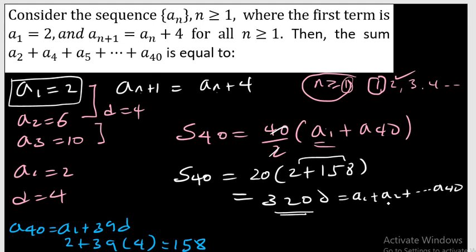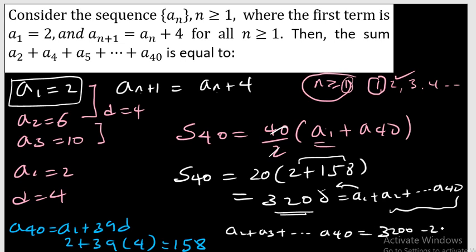But we are asked from a2, so we need to subtract the a1 from here. The a1 is just 2, so a2 plus a3 plus until a40 is equal to 3200 minus 2, which is 3198. That's going to be the answer.